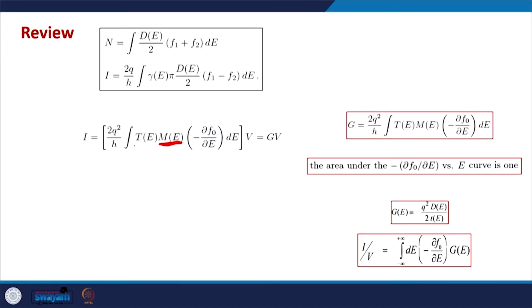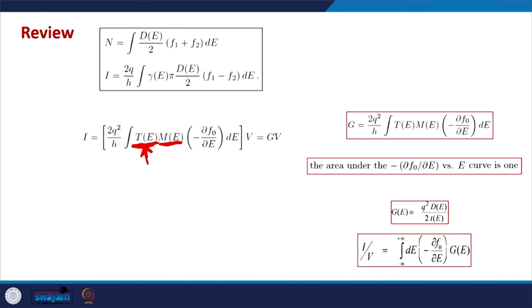But now in the diffusive transport case, due to scattering of electrons in the channel, TE gets introduced in the IV expression, and as the channel starts becoming bigger and bigger, this quantity starts becoming more important, because this becomes smaller and smaller, which in a way reduces the effects of the contacts.